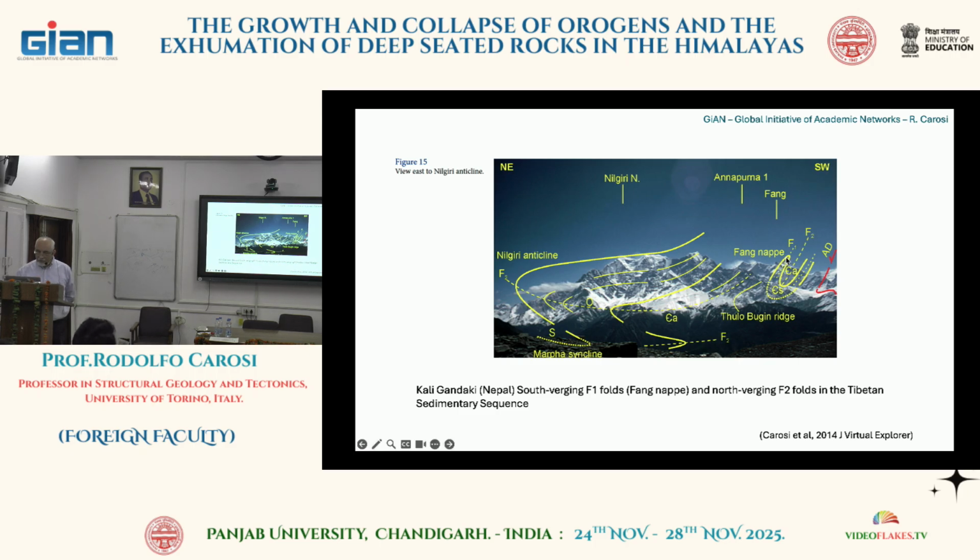And here you can see a previous fold related to the deformation from the collisional stage with top to the south movement, a fold reversed to the south. So there is a beautiful interference pattern in this part of the belt: the first phase to the south and the second phase to the north due to the detachment.